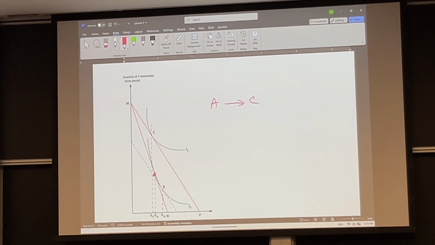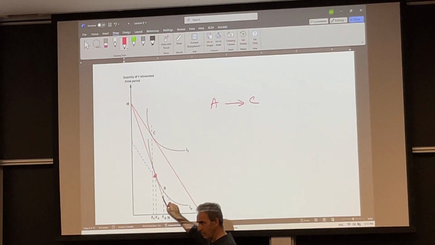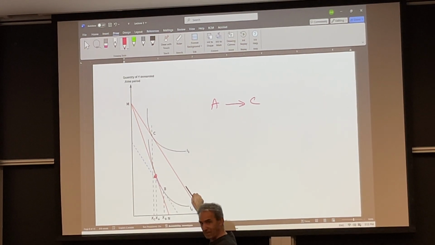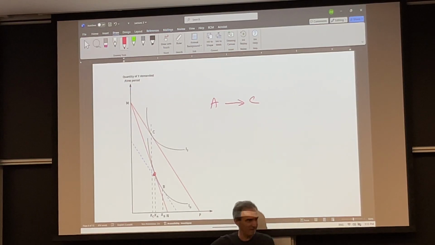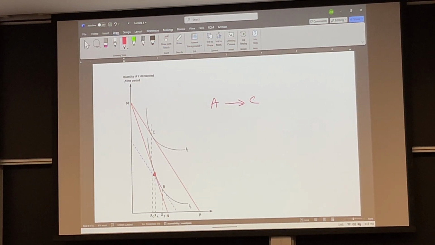The price goes down, you go to C. Is it income, substitution, or total? That's the total. That's A, that's the terminal one. C is basically our B from the prior notation. A to C is the total effect of the price change.